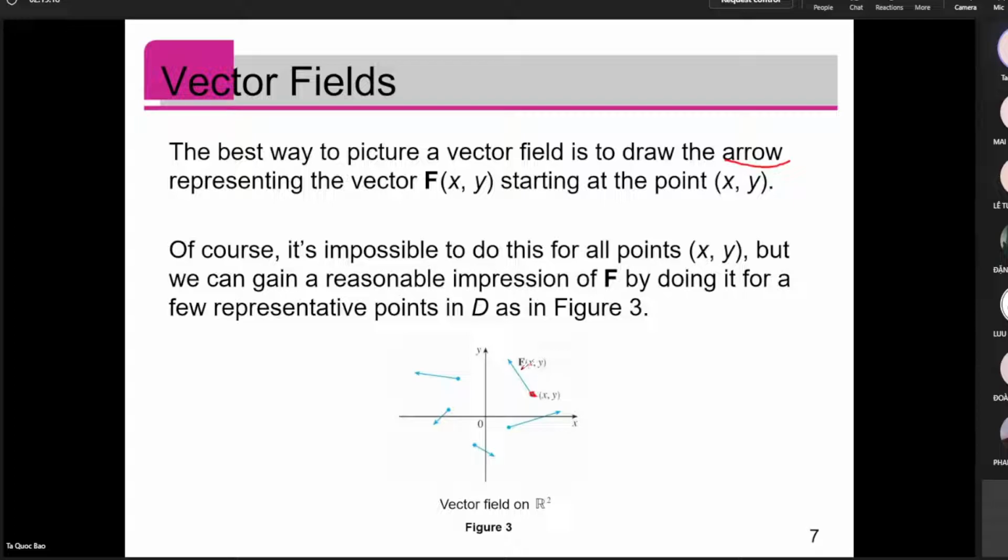This is a vector. So this vector has a length and a direction. This is of course the vector field. So at every point you do like this, and then the set of arrows, we call this a vector field on R2.